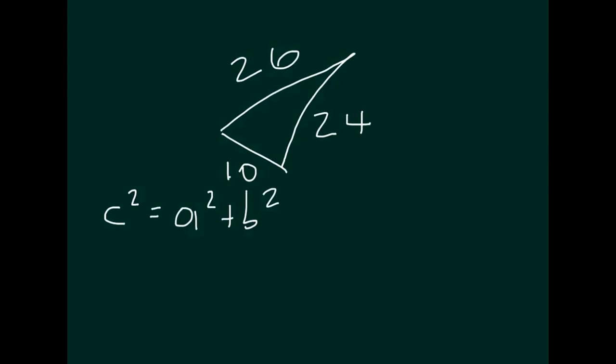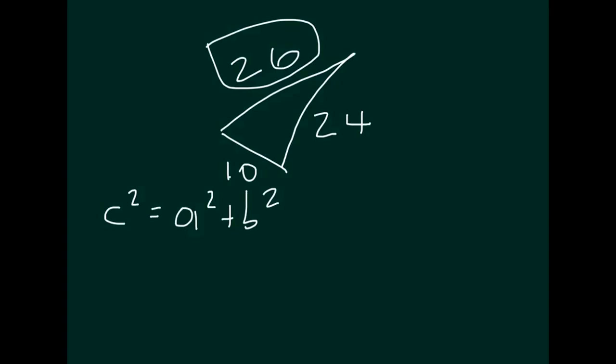Now remember, the hypotenuse is the longest side of the triangle. In this case, which one is the longest side of the triangle? Can't be 10. Definitely can't be 24. So it's 26. Good. It's the longest side. So we're saying that obviously a squared has to be one of the legs and b squared has to be another leg.